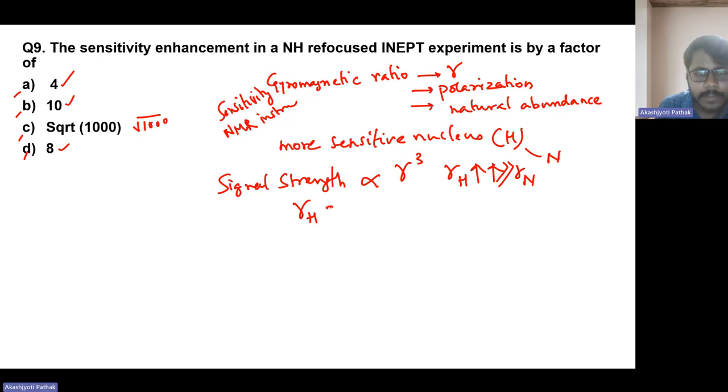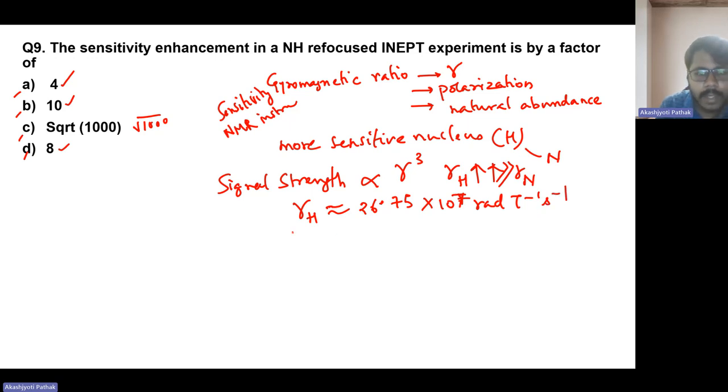In case of proton, the gyromagnetic ratio gamma is approximately 26.75 into 10 to the power 7 radians per Tesla per second.